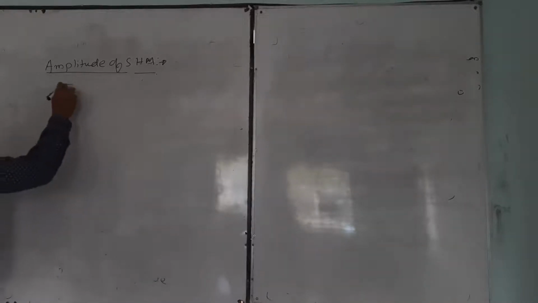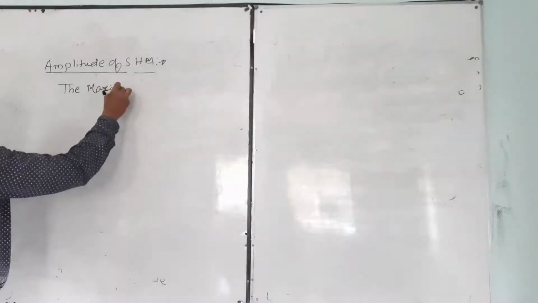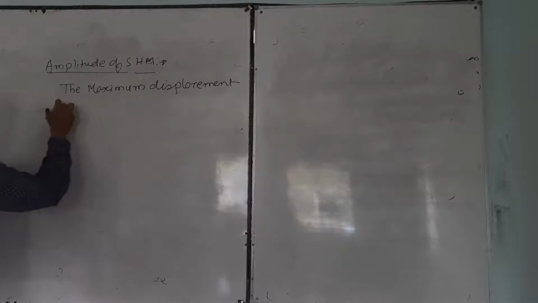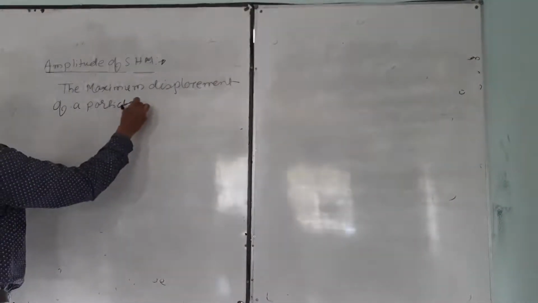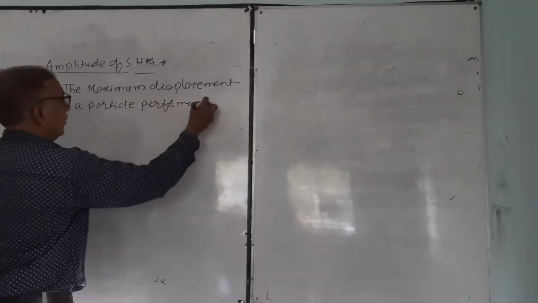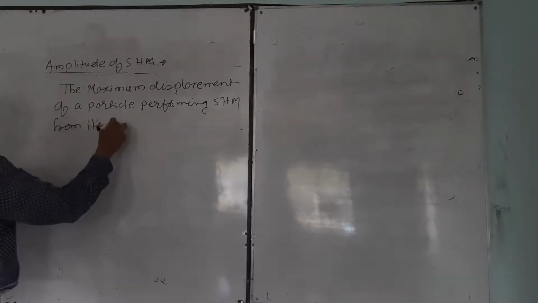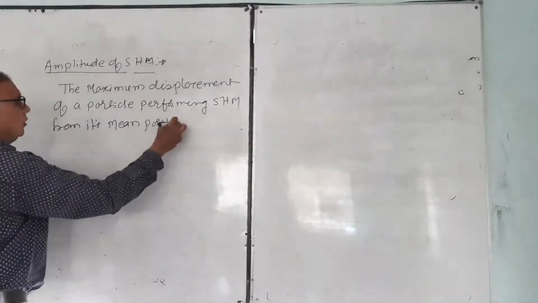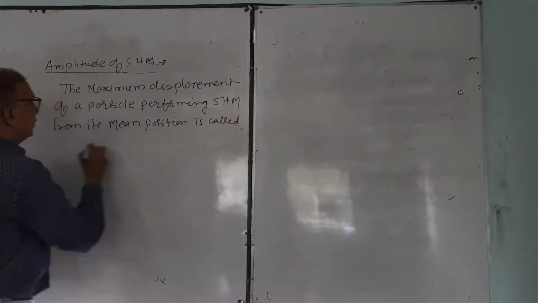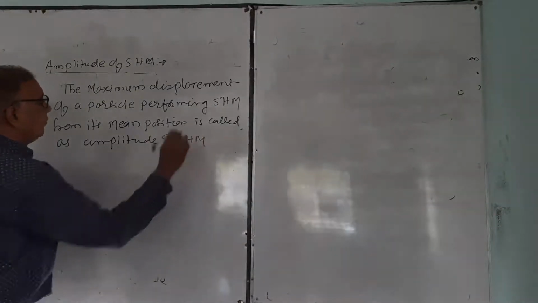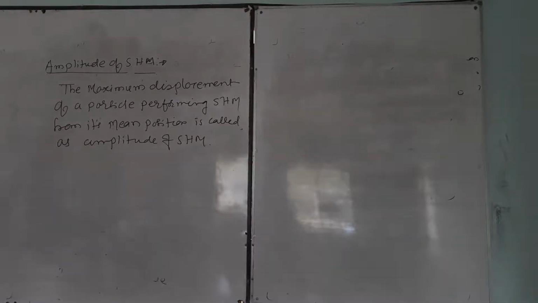Maximum displacement of a particle performing SHM, simple harmonic motion, from its mean position is called as amplitude of SHM.